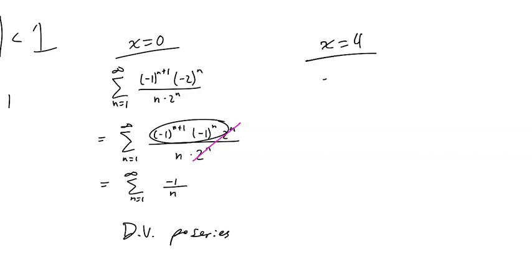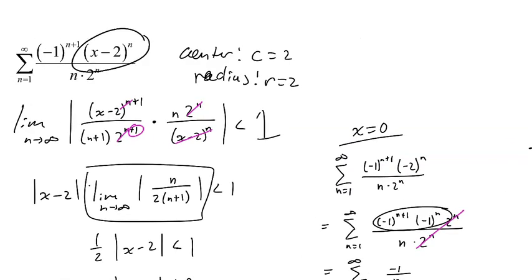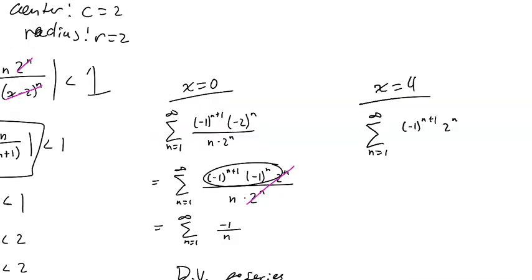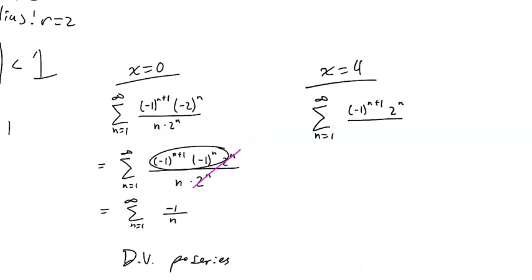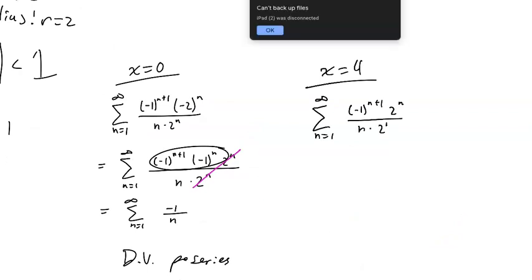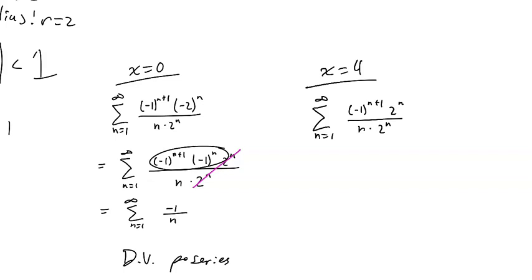So x equals 4 will give me (negative 1)^(n+1), 2^n, since it was (x minus 2)^n over here, right? So 4 minus 2 is 2, all divided by n times 2^n. And in this case, there's no rewriting or anything fancy I have to do, but I can divide out the 2 to the n's.